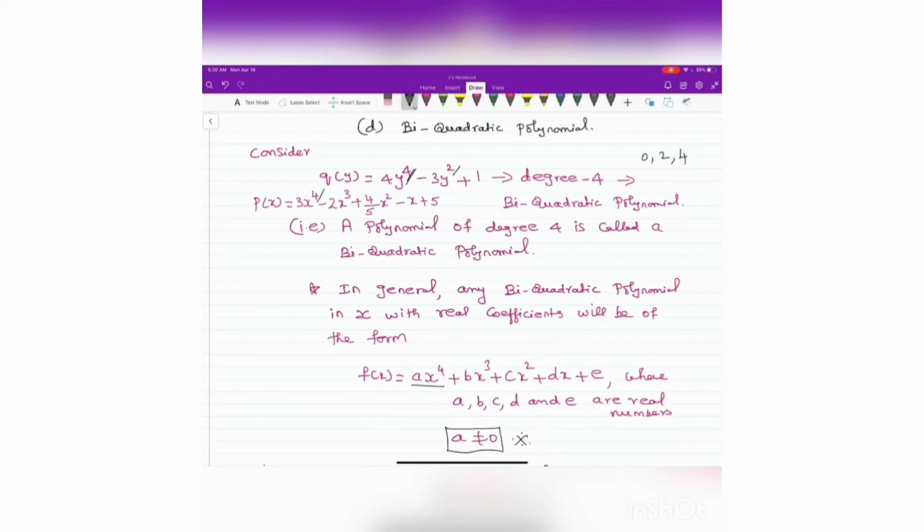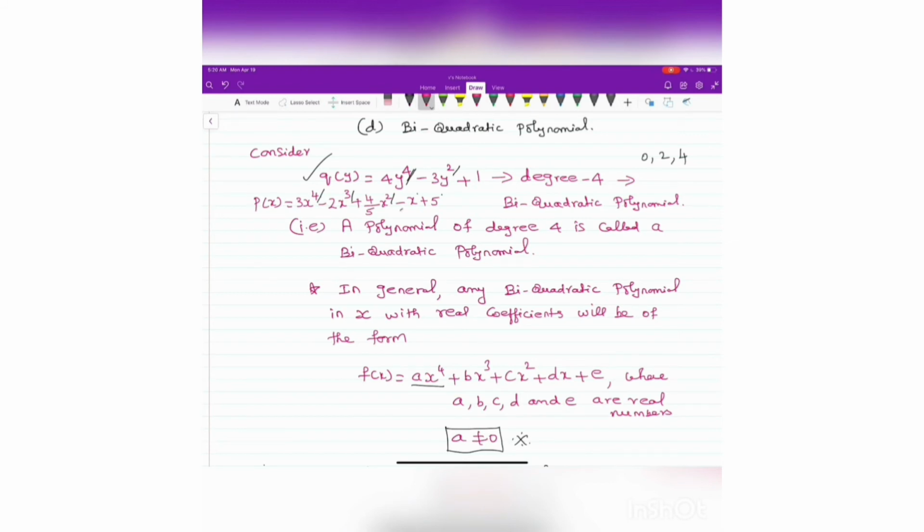Whereas in the first example what I gave you, the powers are 4, 2, 0. Whereas here it is 4, 3. The second example what I gave you, it is 4, 3, 2, 1, and 0. So, here you can call this polynomial of degree 4 a quartic polynomial.